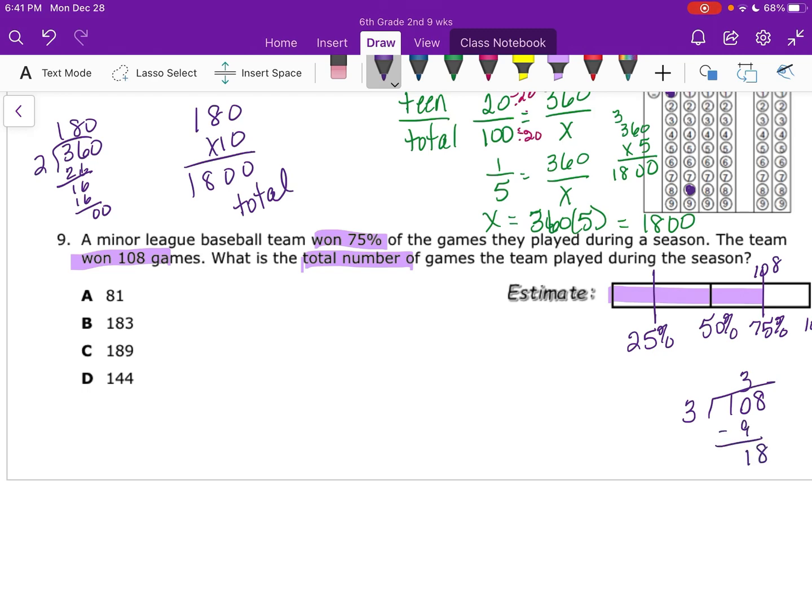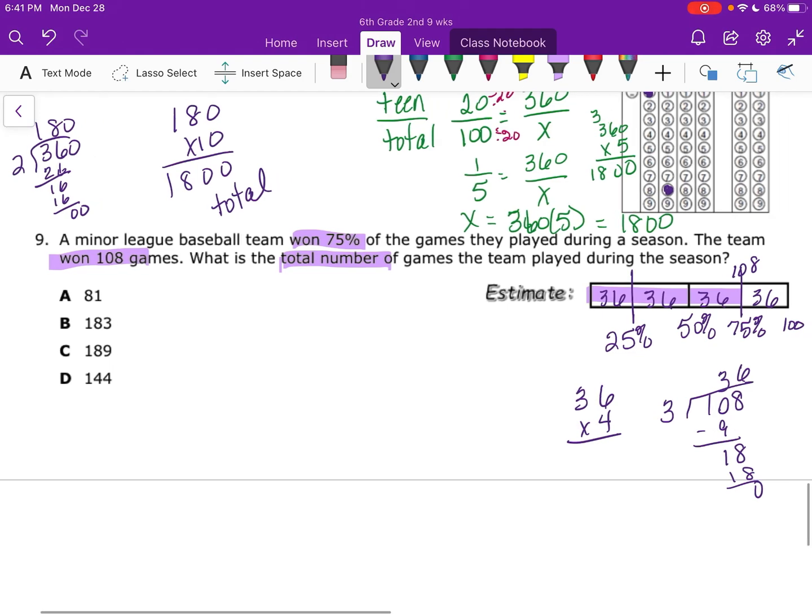That means each piece is 36. So the last piece would be 36 too. To get our total, we would say 36 times 4. There are 4 36s in the 100%. So our total would be 144.